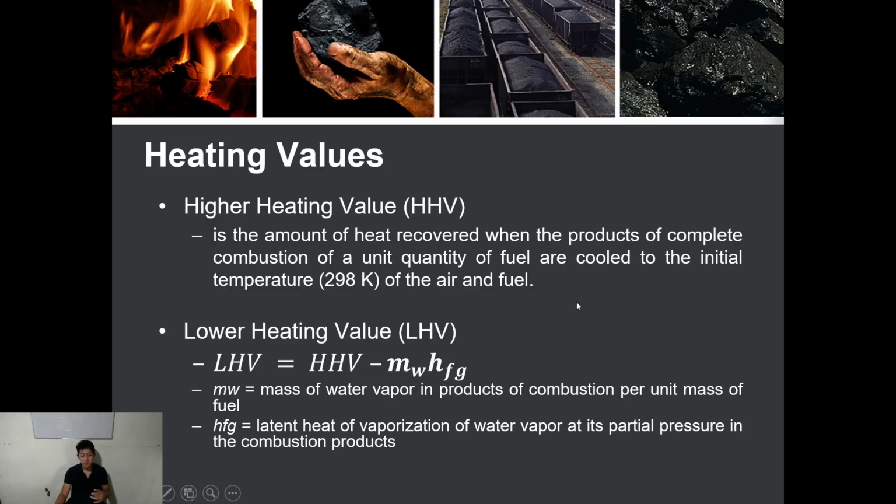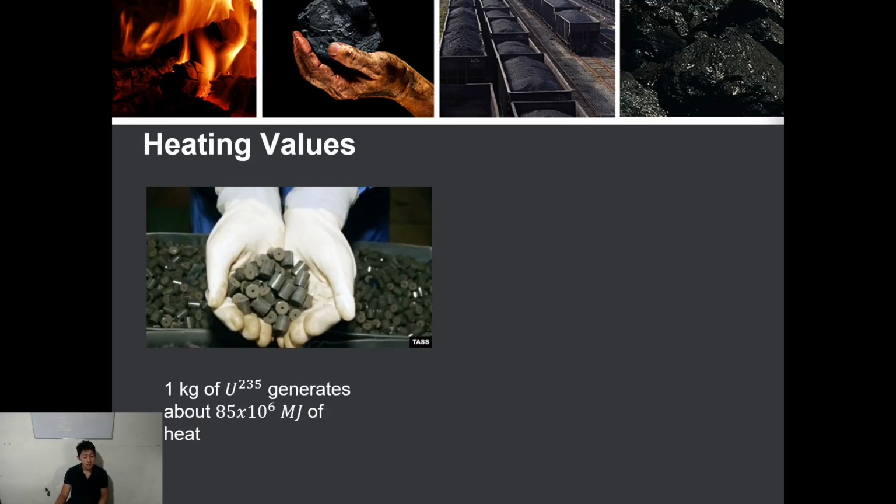Now, in order to grasp the difference in heating values of fuels, let's compare. You have 1 kilogram of uranium fuel. This 1 kilogram of uranium fuel will generate about 85 times 10 to the 6 megajoules of heat, no? So imagine, for just 1 kilogram of fuel, you can get this tremendous amount of energy. How about if you use coal to generate the same amount of heat?